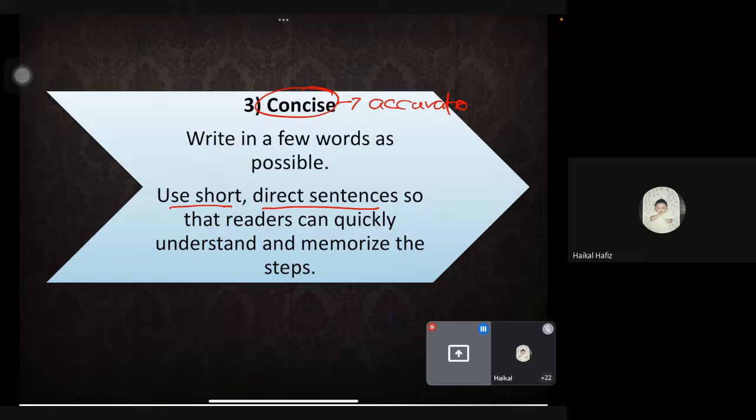When you write it shorter, it will be easier. For example, if you look at manuals for certain products, the sentences are short and concise, because if they are long, it is like an AC, so it is not really practical.